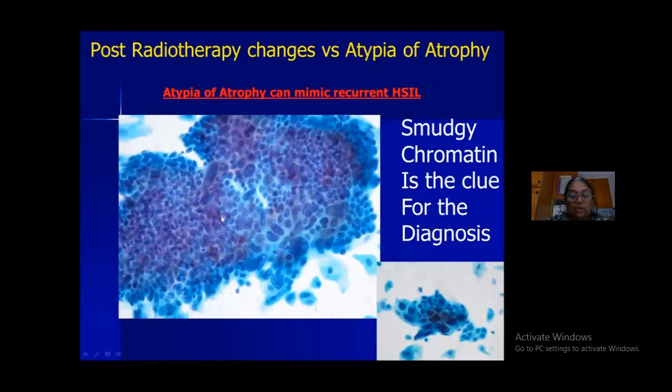This type of large cell after radiotherapy can get a false positive diagnosis of recurrence of tumor, but the smudgy chromatin is the clue for the correct diagnosis of negative atypia of atrophy.